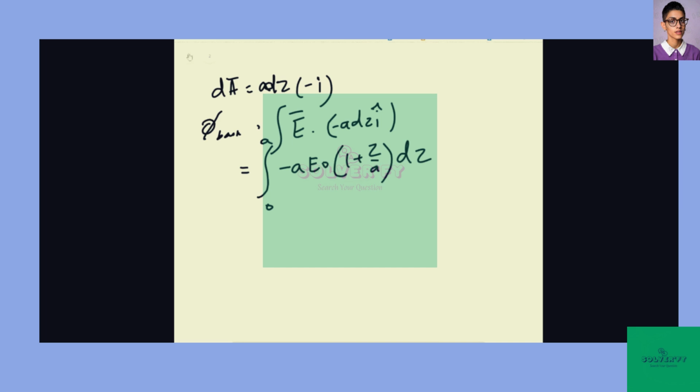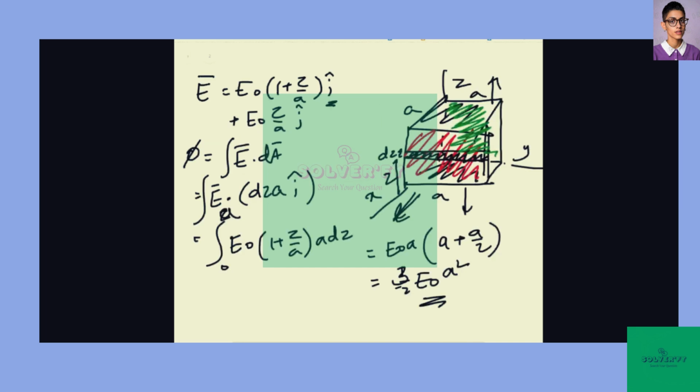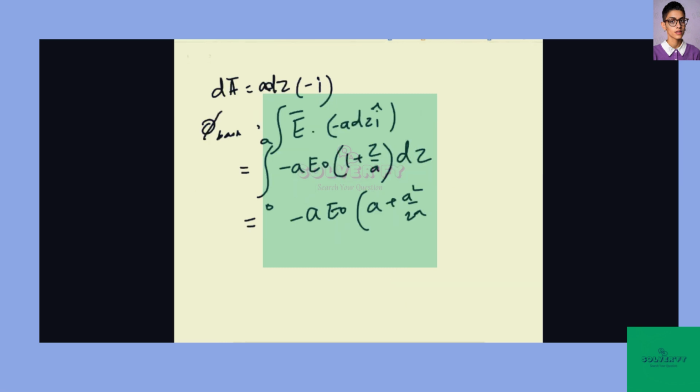I'm sorry, in the first case, this is 3 by 2, by the way. So here again, when we do the integral, we get minus a E naught times (a plus a square by 2a), which would be minus 3 by 2 E naught a square.